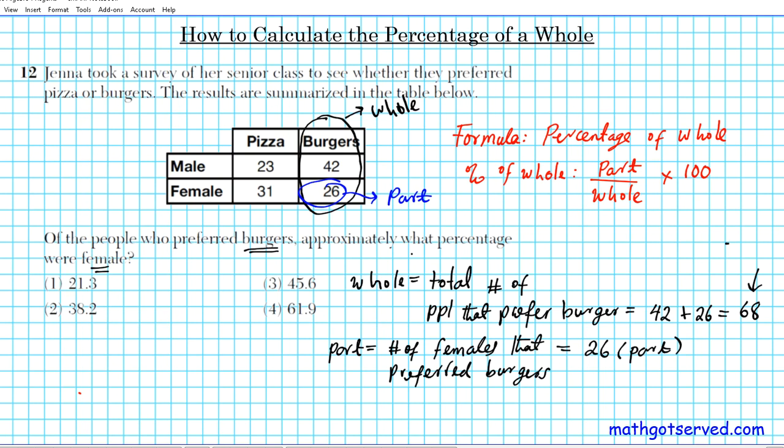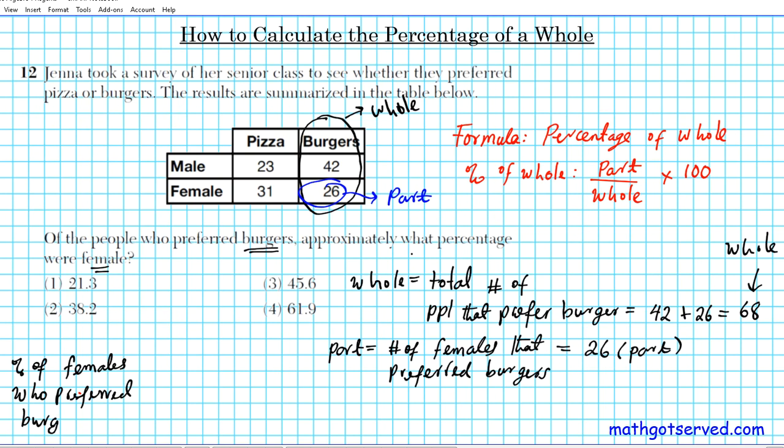We just need one unknown, so our unknown is the percentage of the whole. Okay, so let's write down our statement. The percentage of females who prefer burgers.